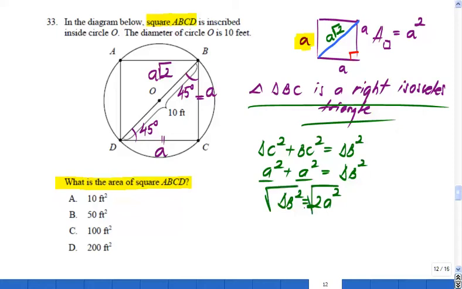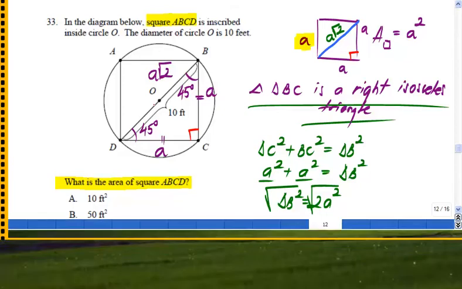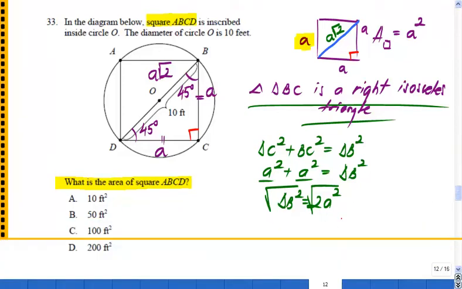To find your DB side, your hypotenuse in this right triangle, because it's half of a square, all you have to do is take the square root of both sides, and this tells you that DB is A square root 2.